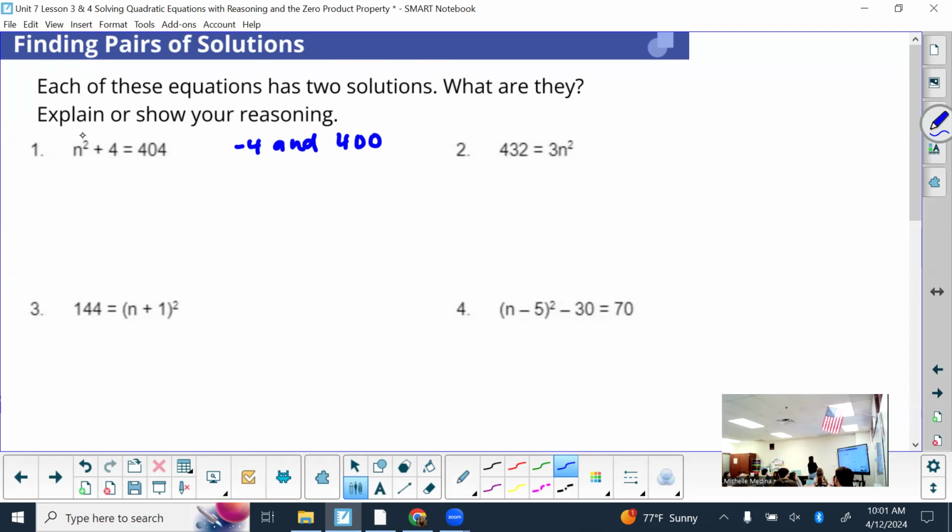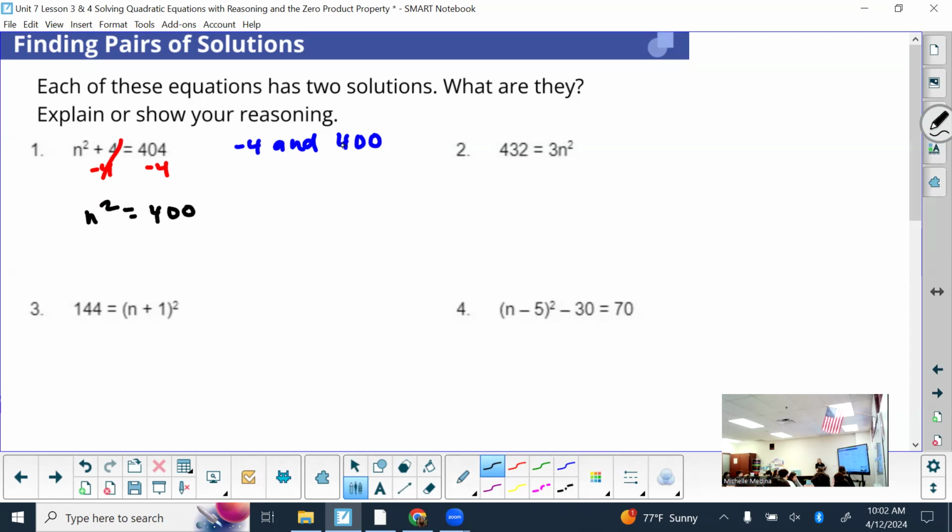Isolate the variable starting with what's farther. Would that be the 2 or the 4? What's physically farther from the end, that, and that's enough. And how do I cancel adding 4? Whatever you do on one side. Good. So I get n squared equals 400.